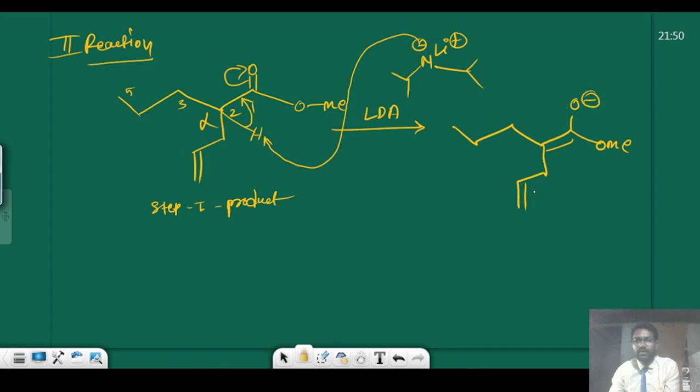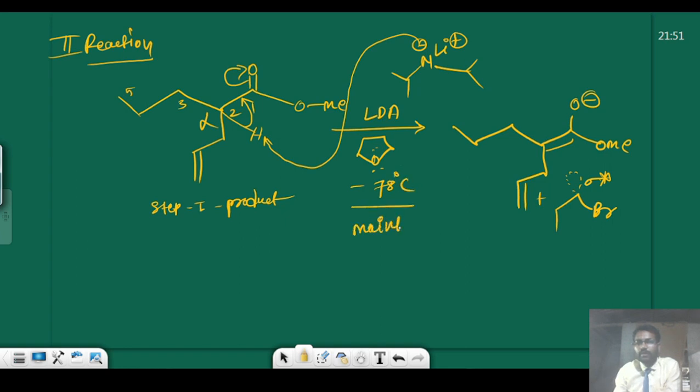O minus, and the enolate anion which is generated over here is treated with the ethyl halide, ethyl bromide. So it will attack the sigma star orbital of this ethyl bromide. What is the reaction condition? Tetrahydrofuran, and minus 78 degrees Celsius we need to maintain during the reaction.